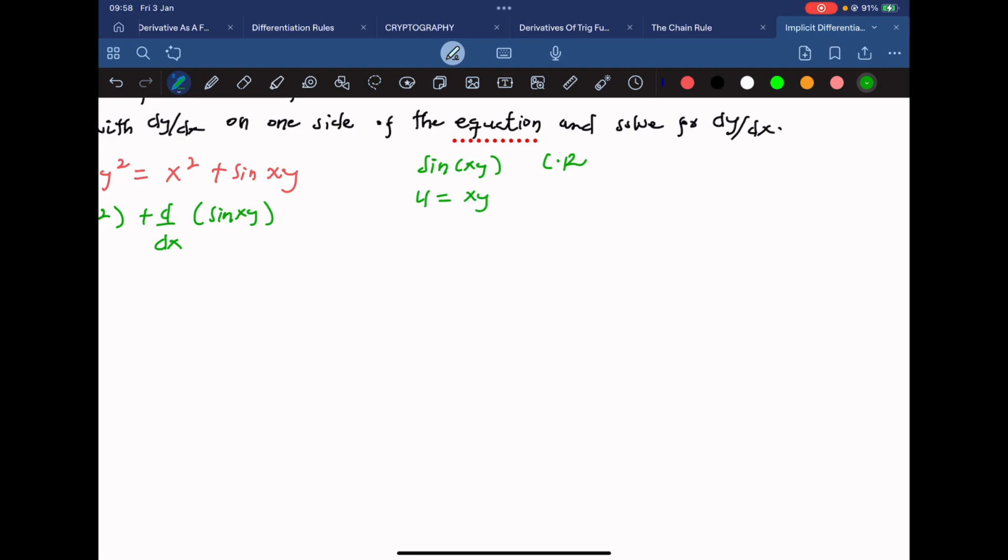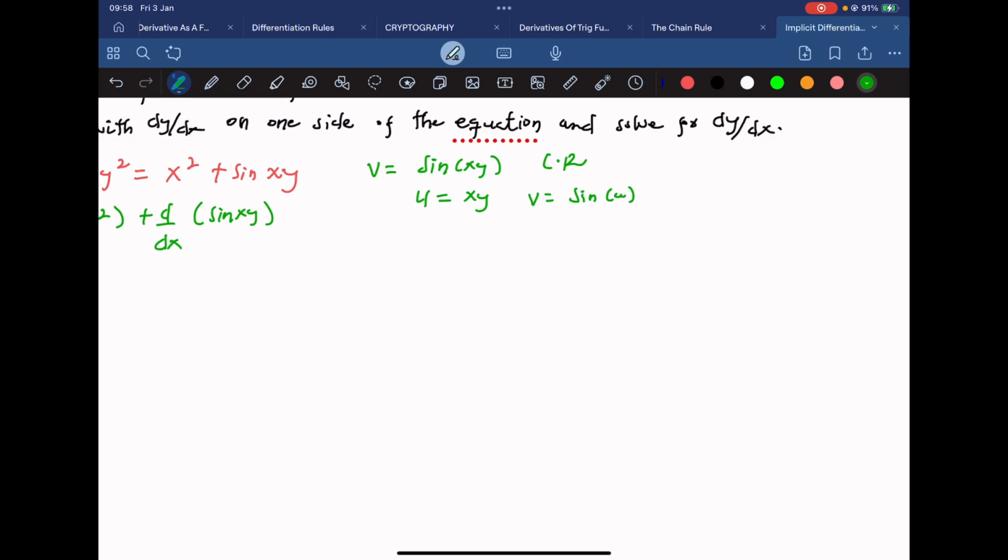Then we can have this to be v. Then we can say v is equal to sine of u. So we have to first of all differentiate u.